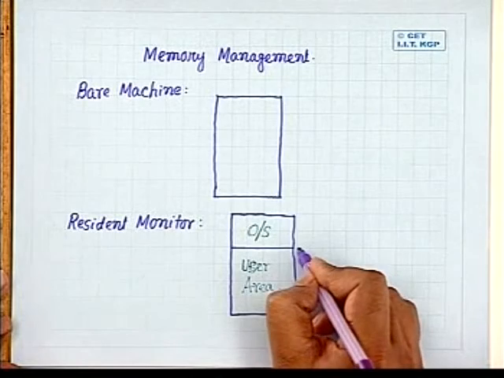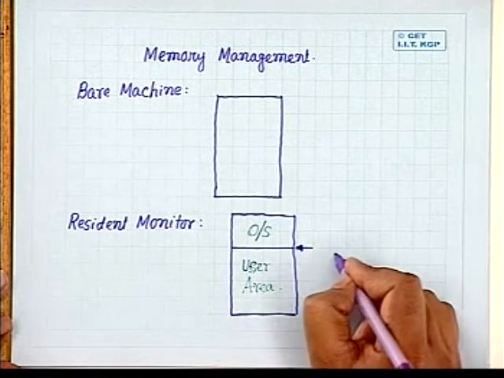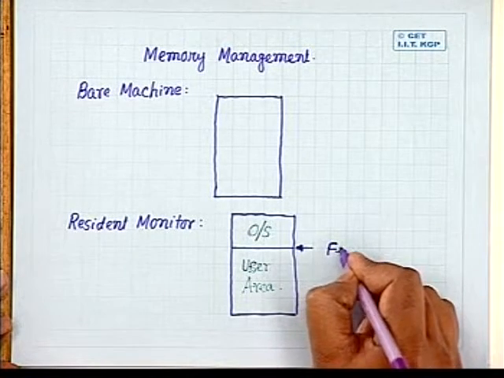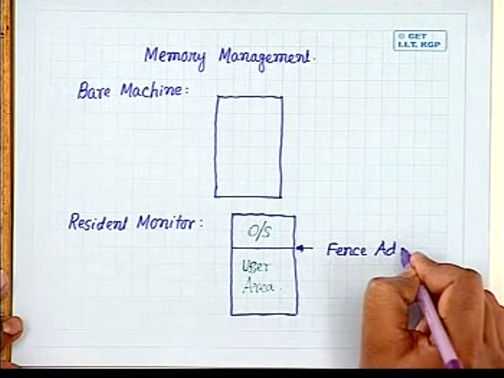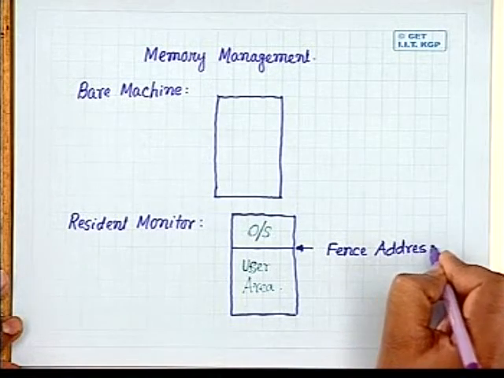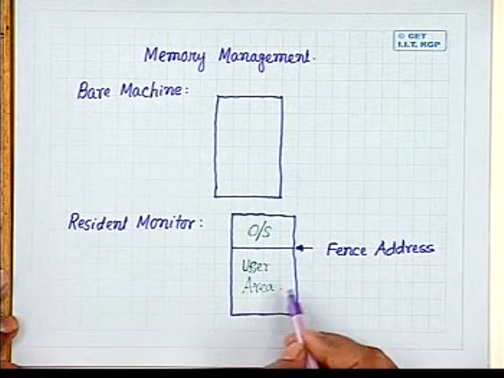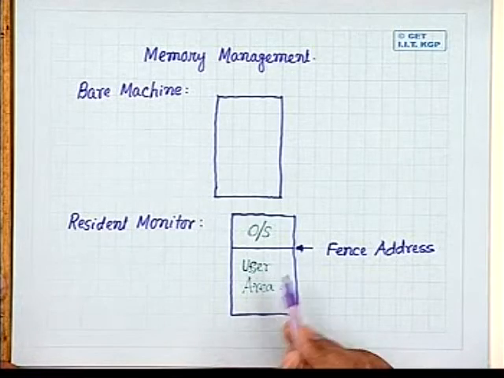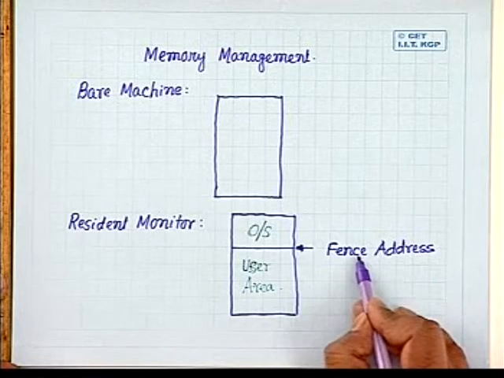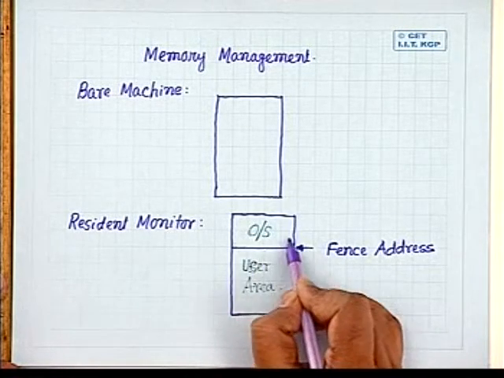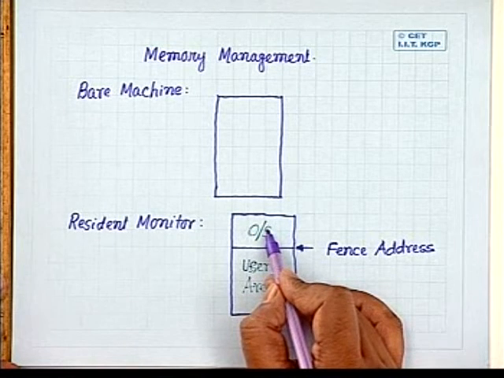So here we have to put what is called a fence address. Whenever the user program tries to access the memory, the address which is generated is to be checked against the fence address. If the address is less than the fence address, then we know that the user program is trying to access the monitor area of the memory, which should not be permitted.